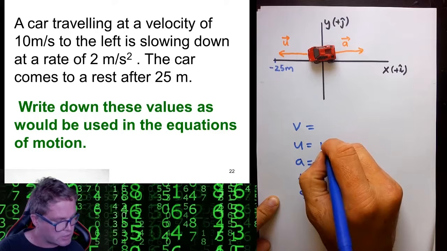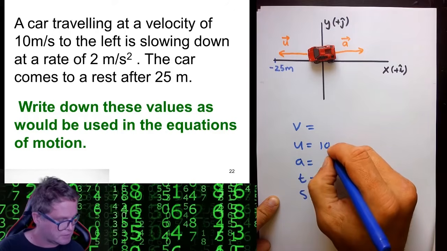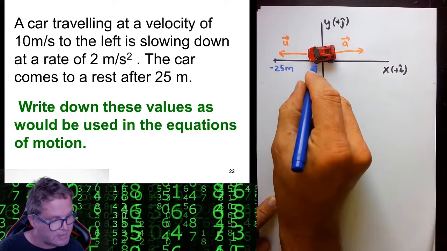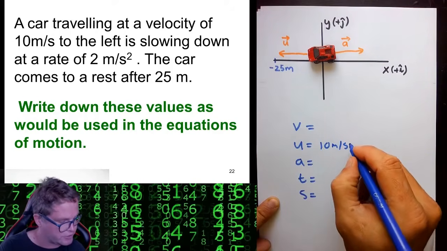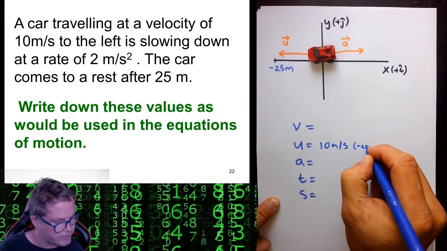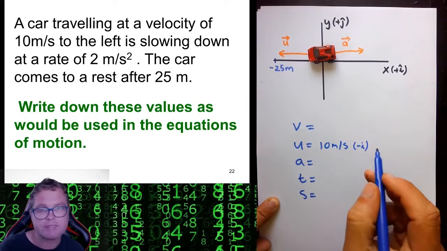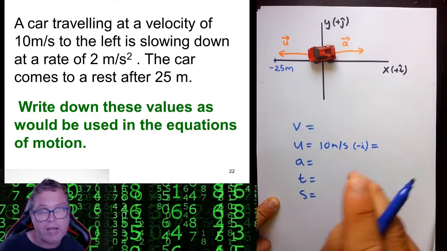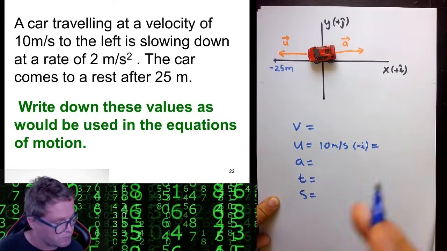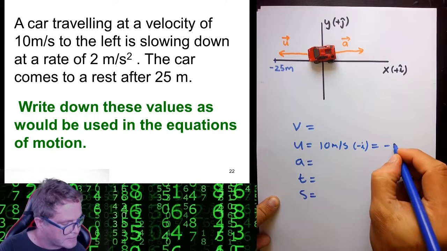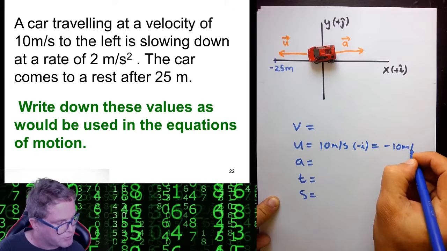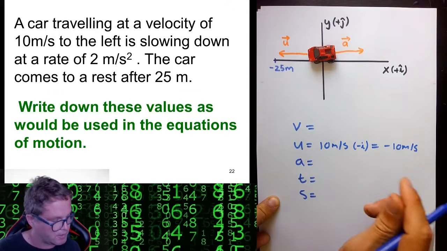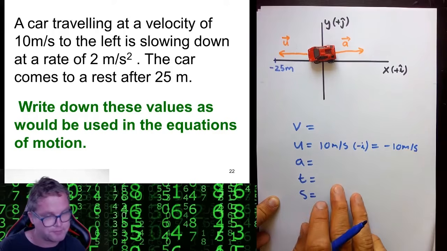So this means that u is equal to 10 meters per second, and the direction to the left is in the negative i hat direction, in the negative x direction. This direction is important. So the value that we would use for u in our equations of motion would then be minus 10 meters per second. Of course, this refers to the x direction.